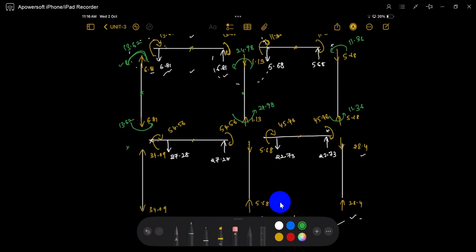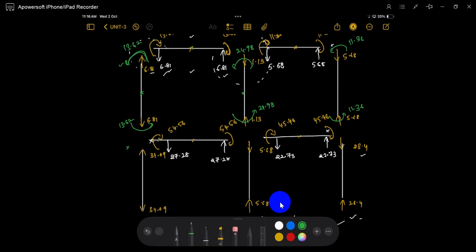What is that value? 13.62 is anti-clockwise, 54.56 is clockwise. To balance, how much? 47.75 anti-clockwise. 47.75 here, here also 47.75.